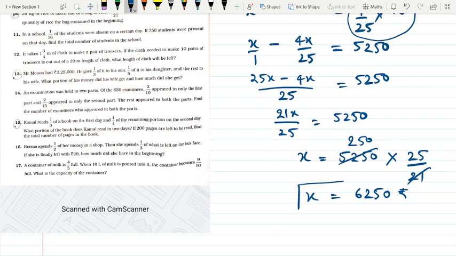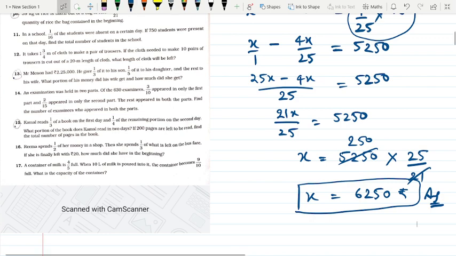Okay, so that is our answer. The salary of Mrs. Sharma was 6250 rupees. Just note it down in your notebook.